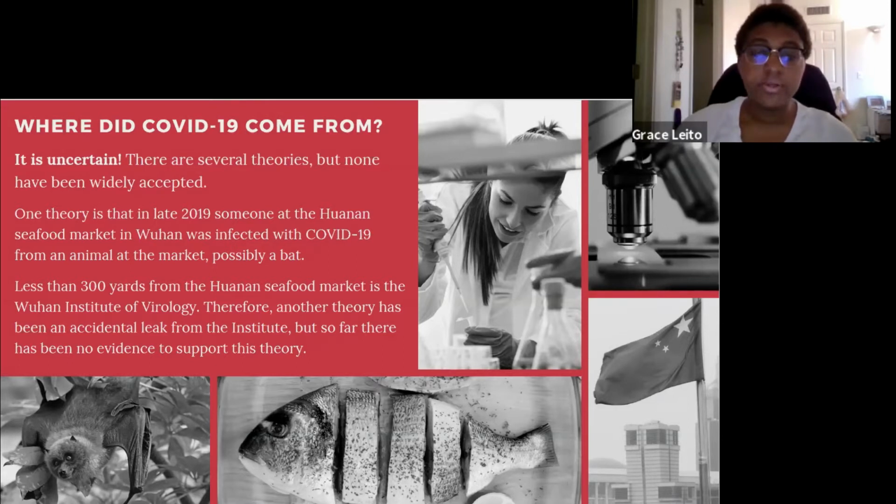Although there has been one conspiracy theory, because less than 300 yards away from this seafood market is the Wuhan Institute of Virology. So another theory is that there was an accidental leak from this institute, but so far there is no evidence at all to support this theory.